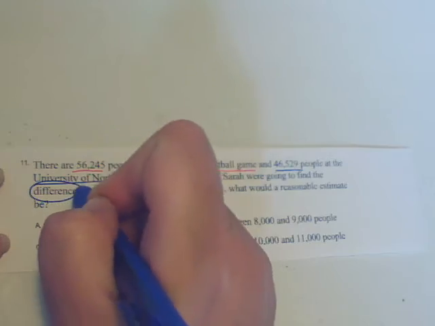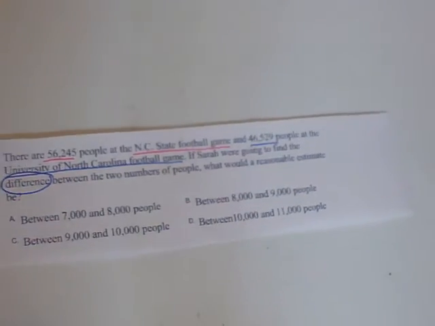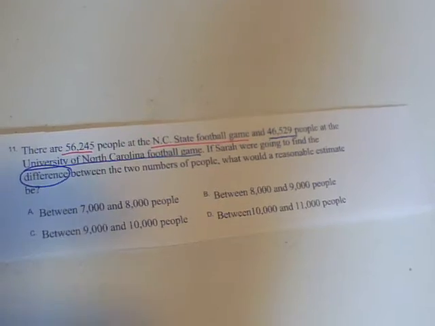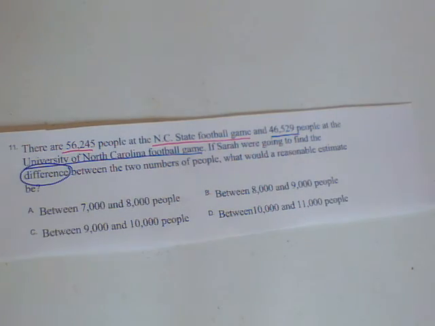If Sarah were going to find the difference between the two numbers of people, what would be a reasonable estimate? Okay, so they're talking about estimation. What would be a reasonable estimate?